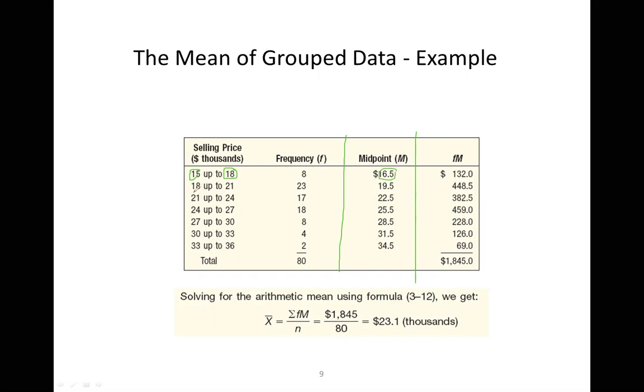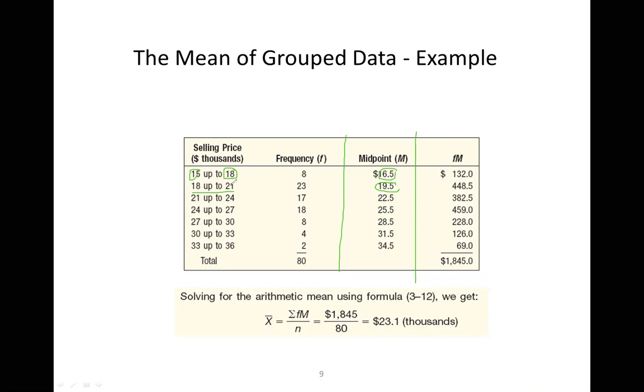For the second interval, 18 to 21, 21 plus 18 divided by 2 gives a midpoint equal to 19.5. The width of the interval is 3, so 3 divided by 2 is 1.5. So 15 plus 1.5 is 16.5, 18 plus 1.5 is 19.5, and 21 plus 1.5 is 22.5, and so on to the last one, 33 plus 1.5 equals 34.5.